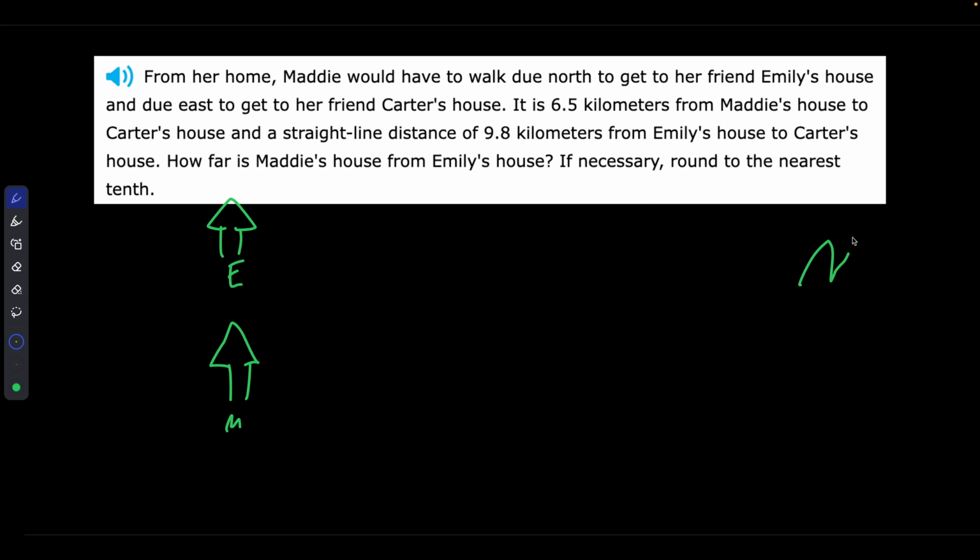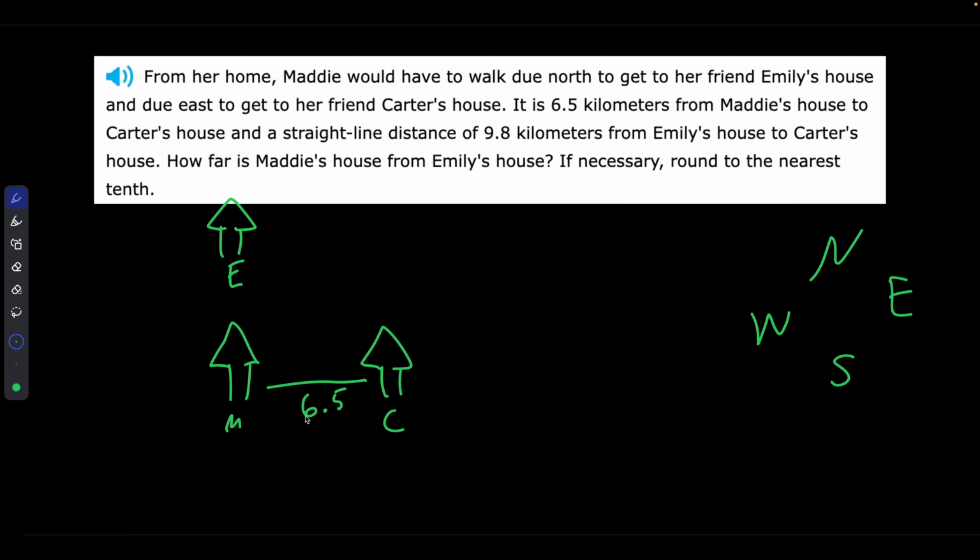And here's how I remember directions: Never eat soggy waffles. So east would be Carter's house. And then they give us some numbers. They say from Maddie to Carter, so from here to here, is 6.5.